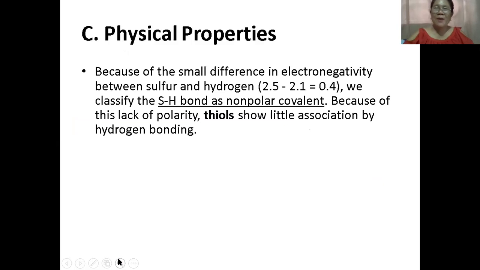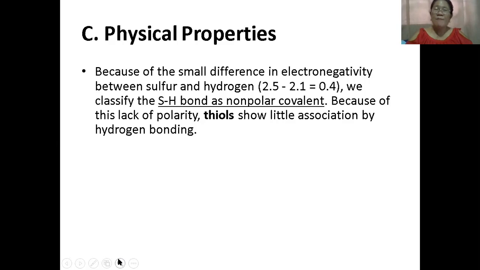So what are its physical properties? Because of the small difference in electronegativity, remember your Chem 16: the electronegativity of sulfur is 2.5 and that of hydrogen is 2.1. Subtract these, it's 0.4. Therefore, by the classification, 0.4 is a non-polar covalent bond. SH is non-polar.